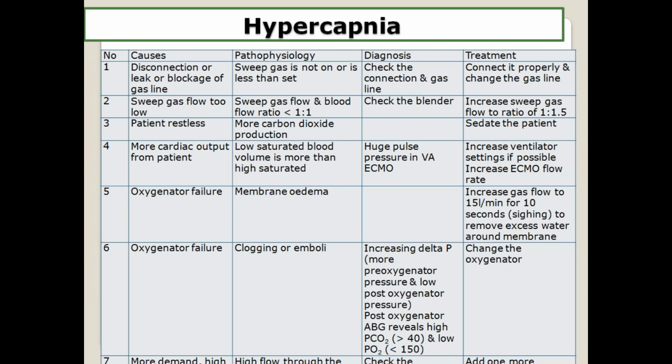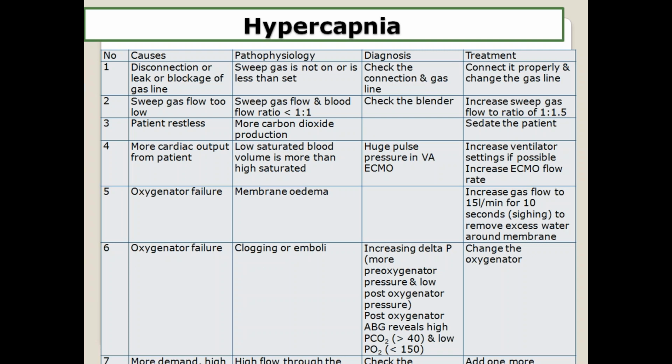It was at night, so they said the engineer will come in the morning and we can connect the blender in the morning only. So fine, you can always manage with your central oxygen, because anyway you are starting with 100% FiO2. Even if you connect your oxygenator directly to your flow meter, that should be fine. And we did that, and we started ECMO, and we started the flow.